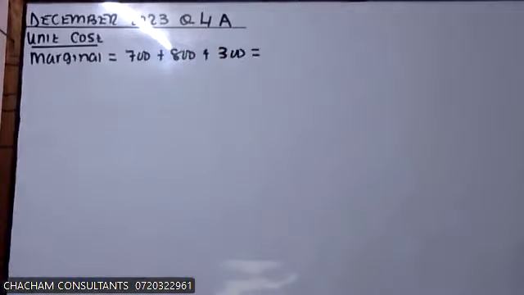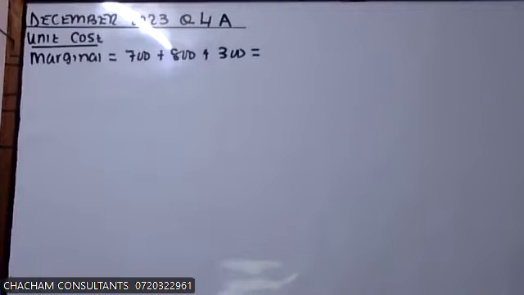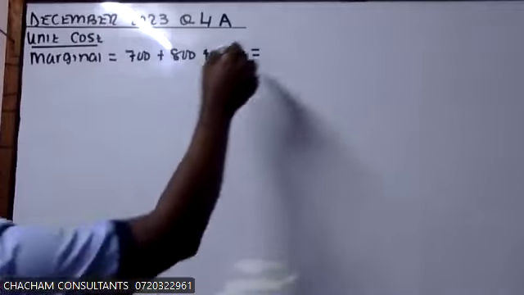So those are the variable production costs. Give me the total of that. $1,800.